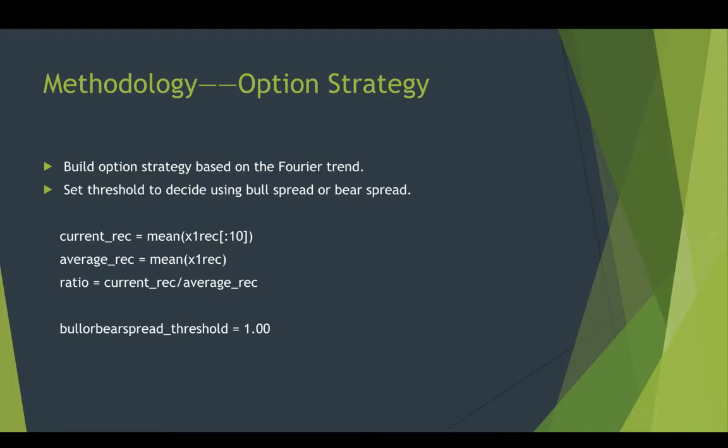Then, here is where we use the Fourier trend. We build the option strategy based on the Fourier trend and set the threshold to decide whether to use a bull spread or a bear spread.